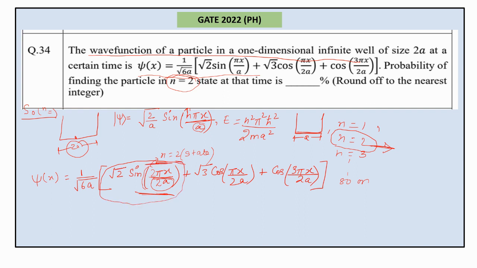You will find that by multiplying by the constant that is attached with this state. This is the n equals 1 state, and this is the n equals 3 state. So this wave function is a linear combination of these states, like this, and it will go up to.